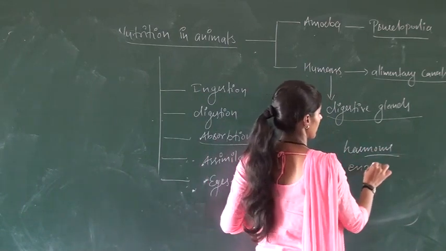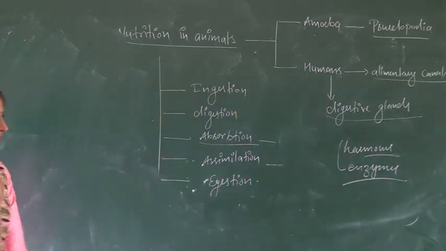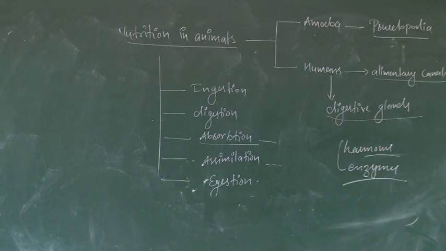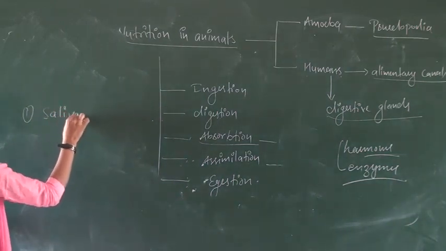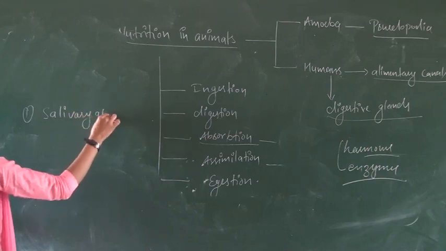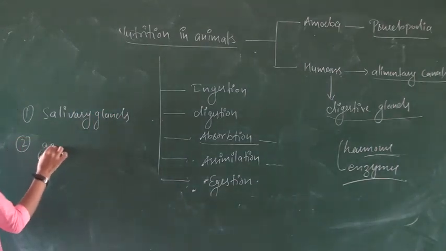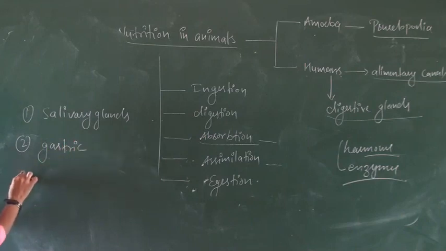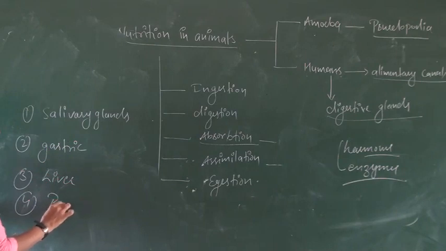There are mainly some digestive glands: first one is the salivary glands, then gastric glands, liver and pancreas.